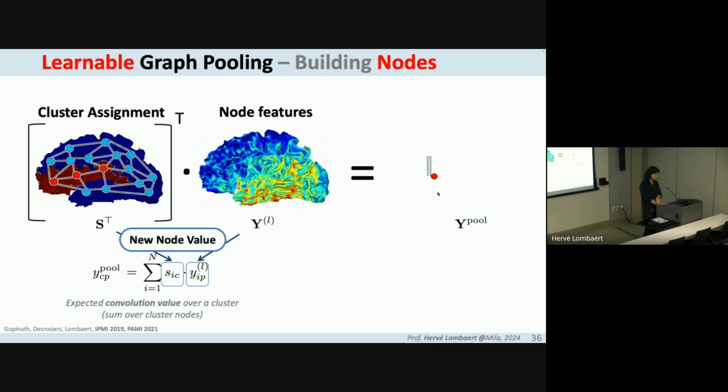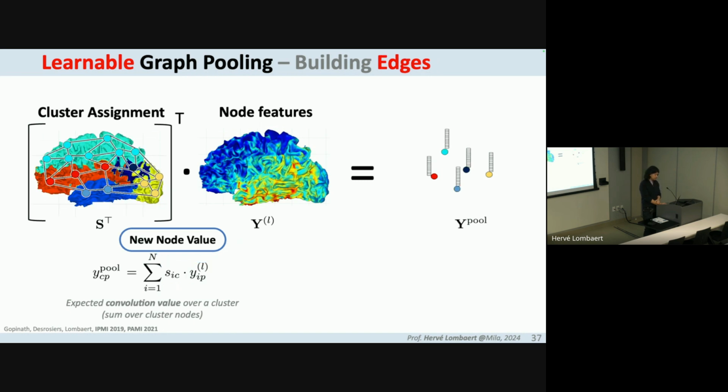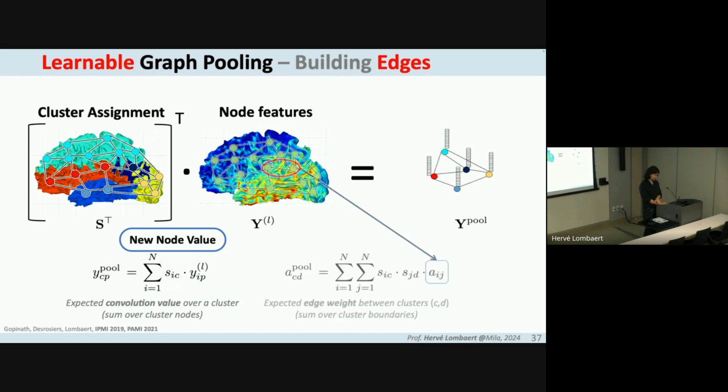So you have a value on the new node, you know how to assign this new value, and you assign the new neighbors as well. You can do this for a bunch of different clusters, so you have your new graph here. Now you only have the nodes, and you need to connect the points together as well. The value on the edges would be the average values that connect those different areas. So you have new nodes, you have new edge values, and you have everything to build a graph here.